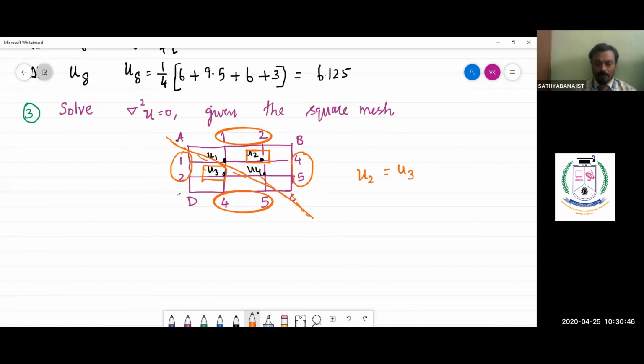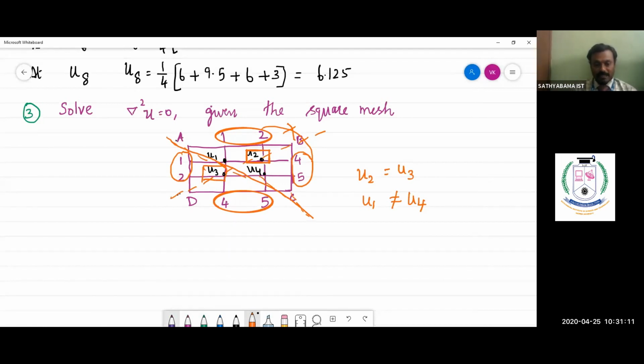But if we fold along this line, the boundary values do not coincide. So U1 is not equal to U4. So now we can formulate the equations and solve them.